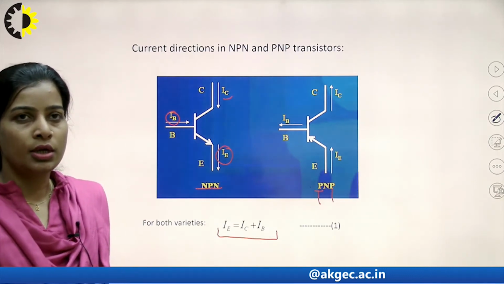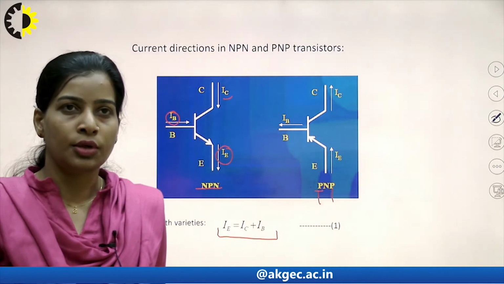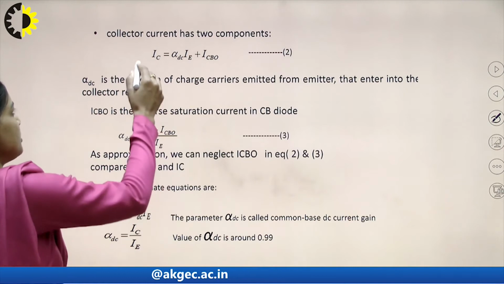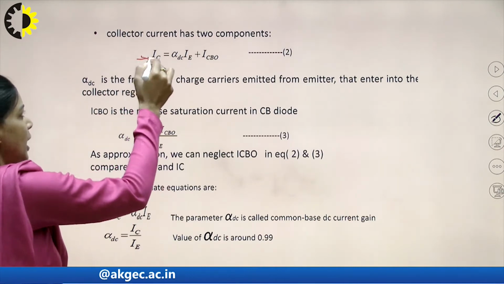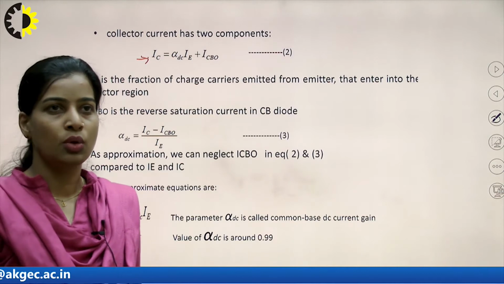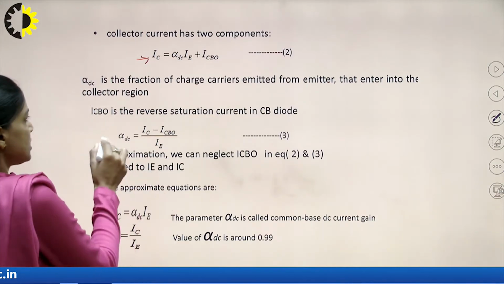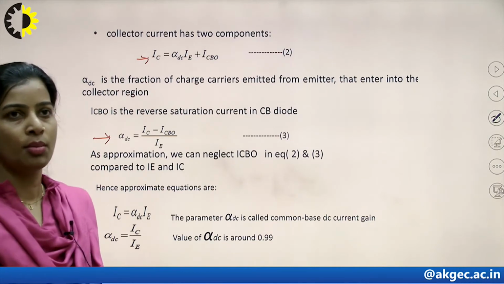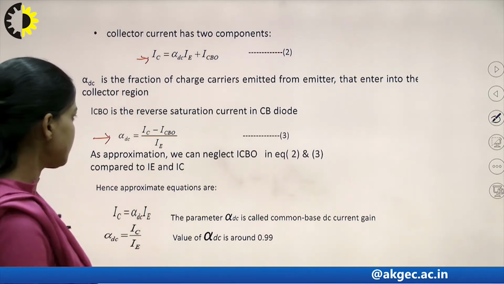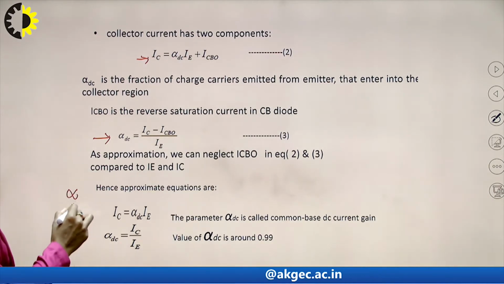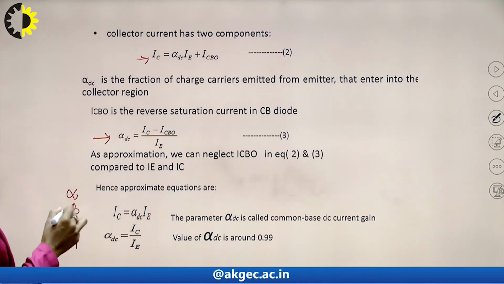Some more useful results that you must have studied in the previous subject, which we need here, are IC related to IE and ICBO. Alpha, we know, is the amplification factor, (IC - ICBO) upon IE. We have three amplification factors: alpha, beta and gamma.